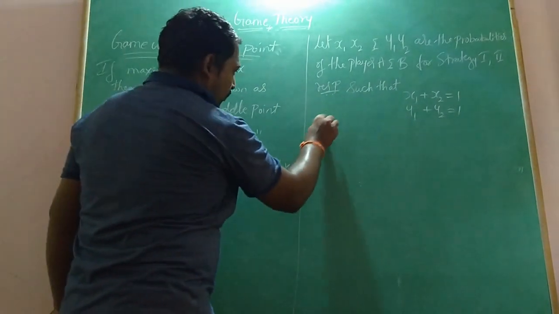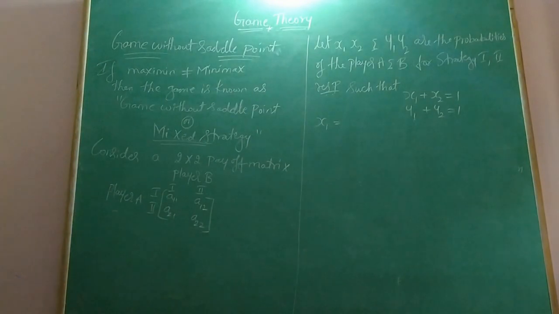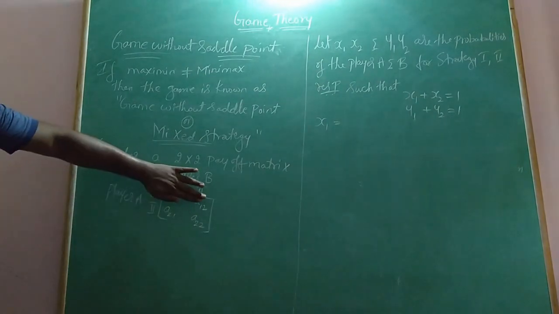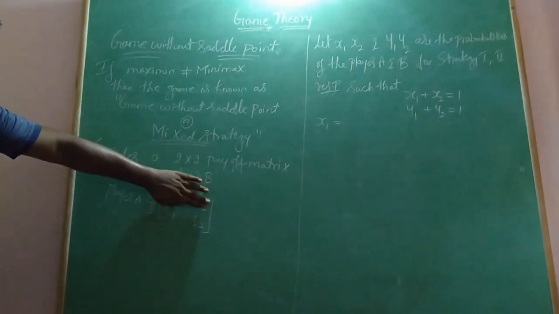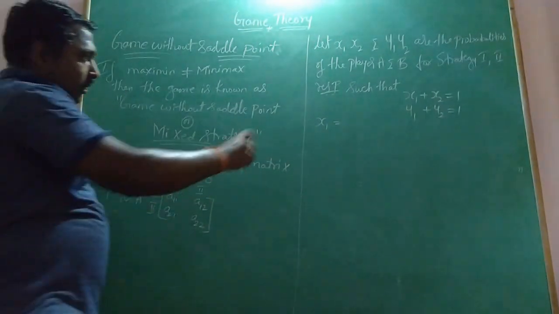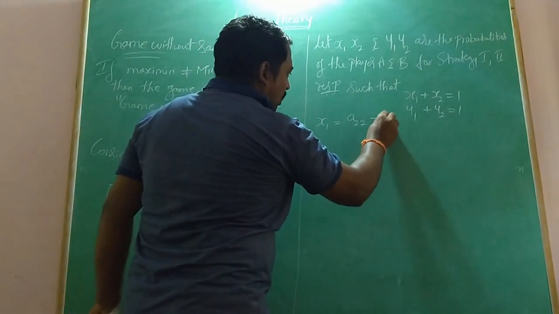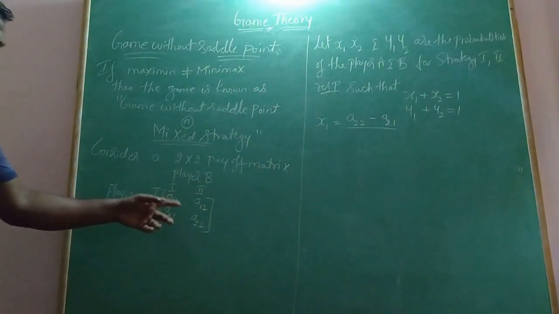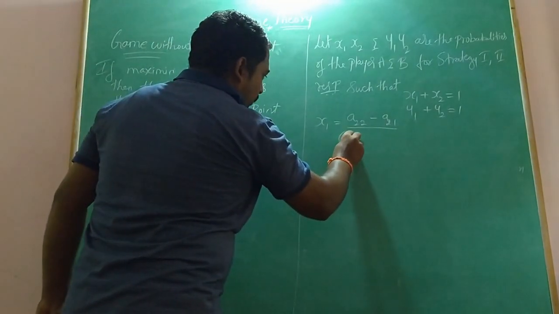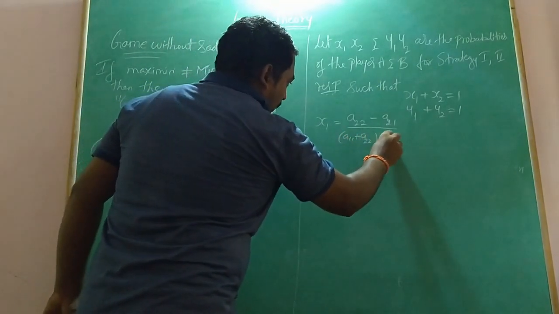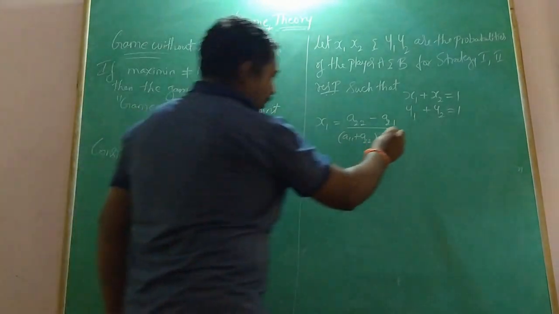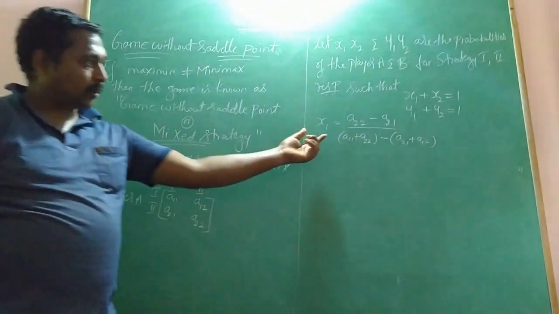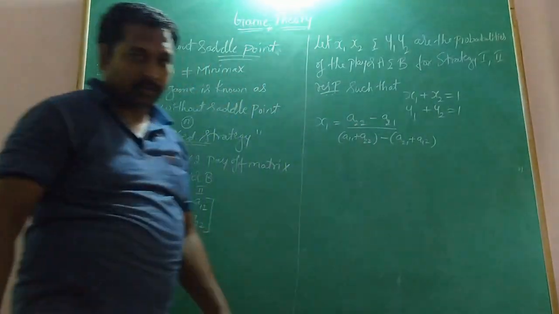To find the value of x1 for player A, just close the first row; the remaining elements are a22, a21. Then the formula is x1 equals (a22 minus a21) divided by the diagonal elements added: a11 plus a22 minus (a21 plus a12). Once you know the value of x1, you can substitute here and you get the value of x2.